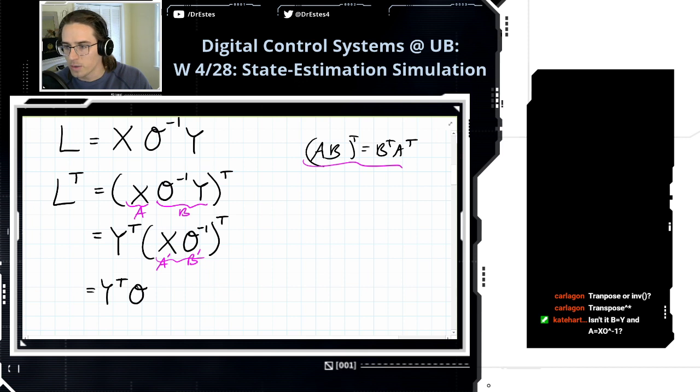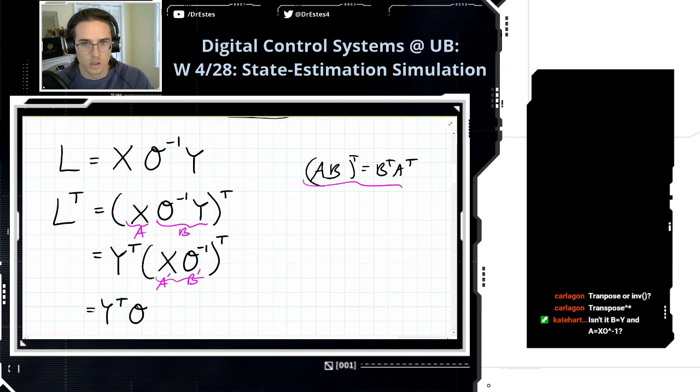Isn't it B equals Y and A equals X? Wait. So I have AB transpose is B transpose A transpose. I think you're right, Kate.